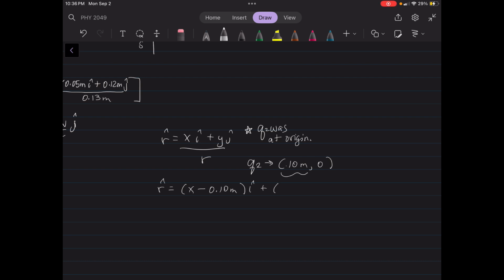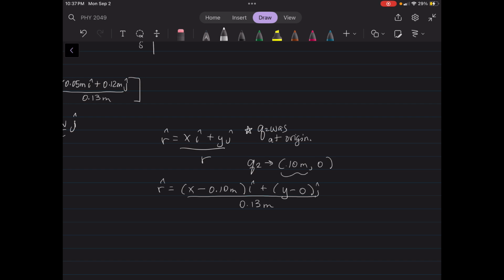And y minus 0, because we don't need to shift it up or down. And then r is the distance between the point and the source, which isn't going to change. It's still going to be 0.13 meters.